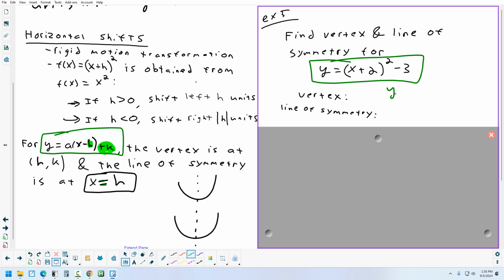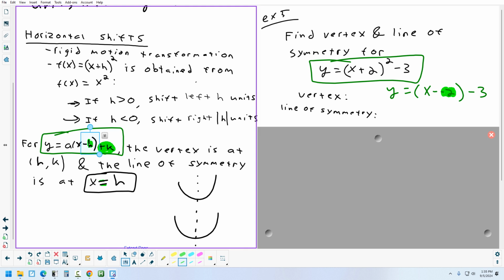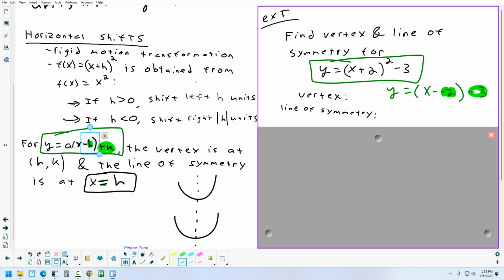So how could I think of that as x minus, and then tell me a number to put right there? Yep, -2. Exactly. -2 and -3. Now, if I highlight it in comparison to what we had, that is the h. This is the k. Green on green, probably not the best highlighting, but I think you can still read it.